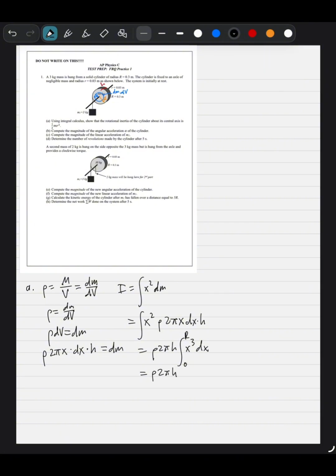By taking the integral, we'll get 1 over 4 x to the power of 4. We'll replace x with r, and replacing 0 in there, we just get 0.